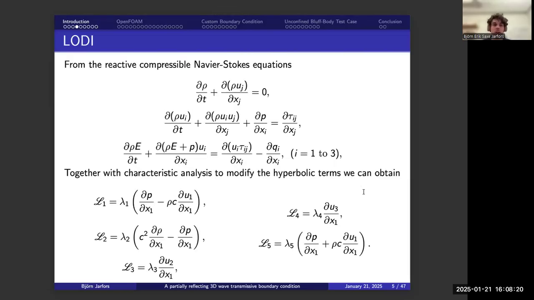So if we start from the reactive compressible Navier-Stokes equations, I'm not going to go through every detail of these equations, so don't worry. But using these equations together with a characteristic analysis, you can modify the hyperbolic terms that lead to us obtaining the Lodi relations in this form here. So these are already trying to explain what type of information we're going to propagate, and that it's going to propagate into or out of the domain.